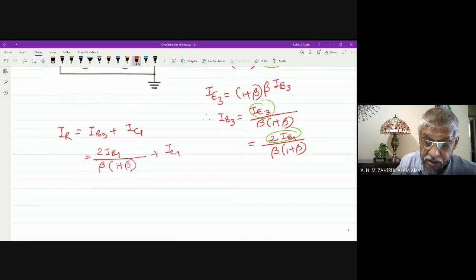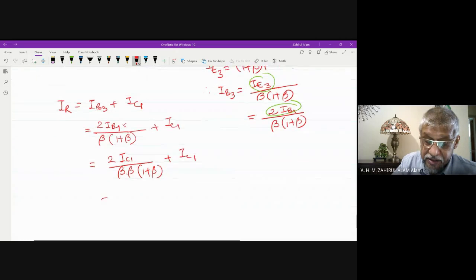Something is wrong somewhere. So what is IB1? IB1 is equal to IC1 divided by beta, 1 plus beta, plus IC1.